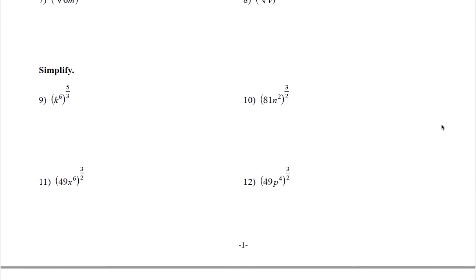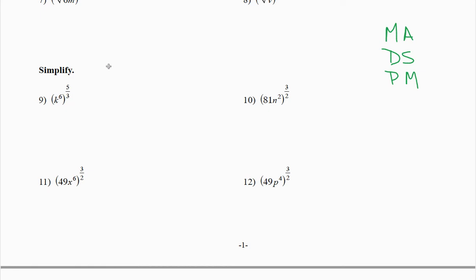Now it's asking us to simplify. This is when we are going to apply the rules of our exponents with fractions and numbers. So remember, when we're taking a power to a power, we're multiplying them.